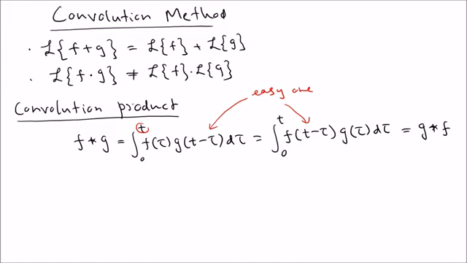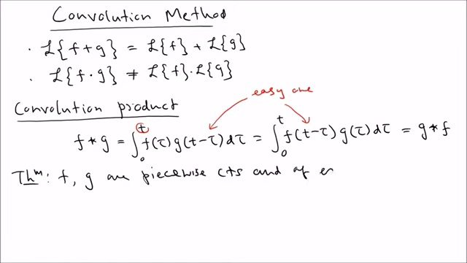When you look at a problem, it will be clear what we mean by easy one. And then we have this major result. The theorem says, let's say f and g are piecewise continuous and of exponential order.